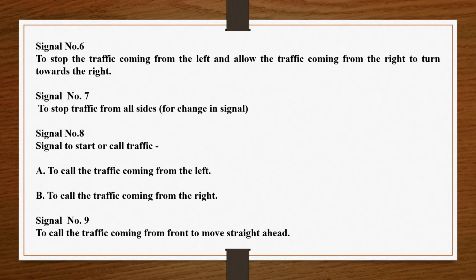Signal to start or call traffic. A, to call the traffic coming from the left. B, to call the traffic coming from the right. And signal number 9, to call the traffic coming from front to move straight ahead. After listing all these traffic hand signals, we'll try to learn each signal one by one.